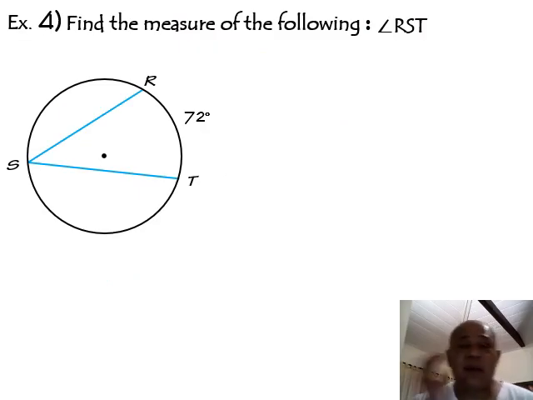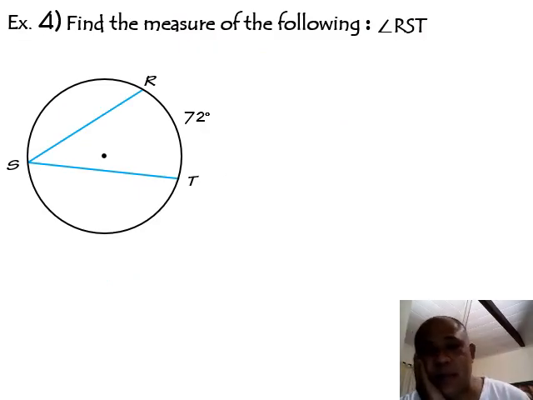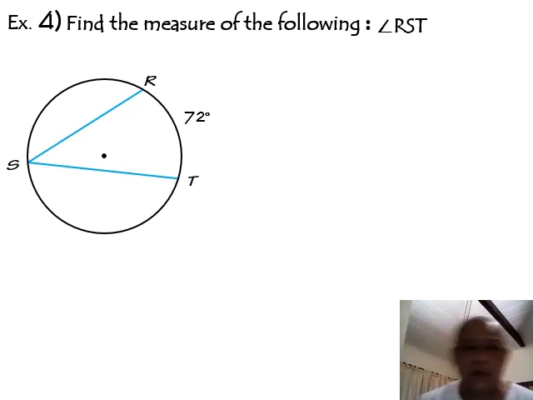Let's apply the inscribed angle theorem to example 4. Example 4 says, find the measure of angle RST. So we're trying to find the measure of this angle here. Well, what do we know?